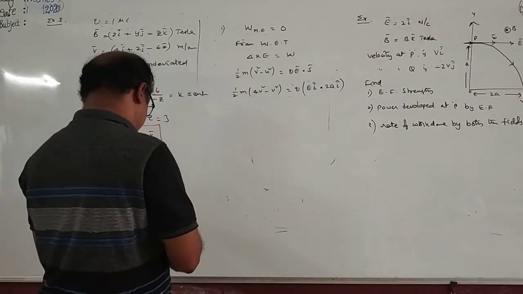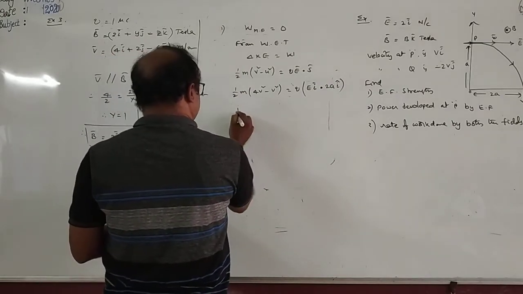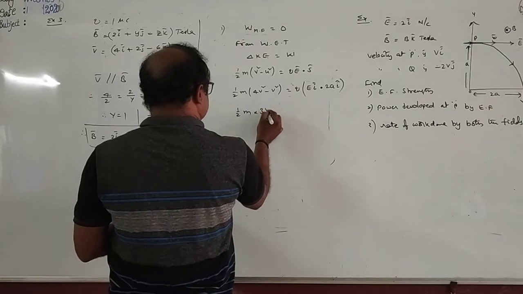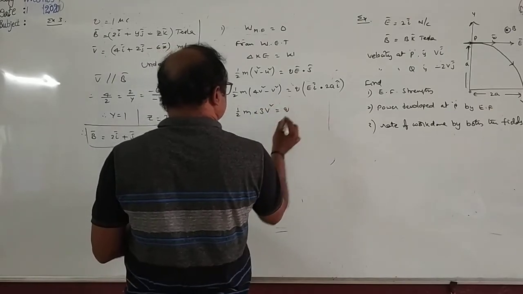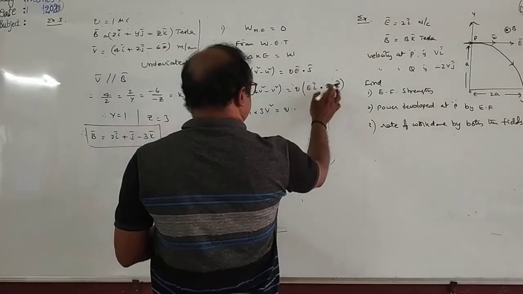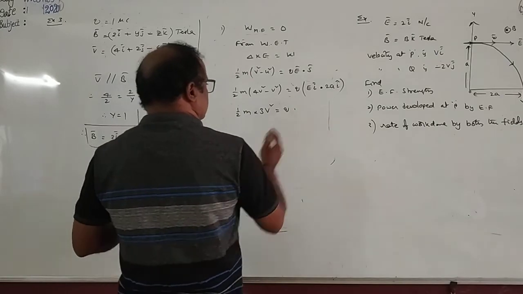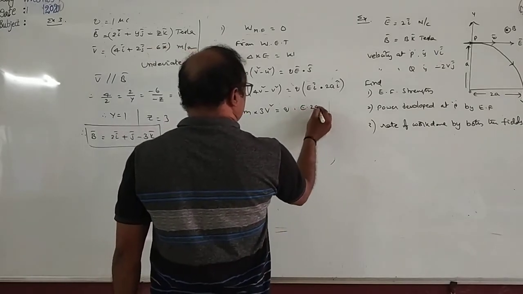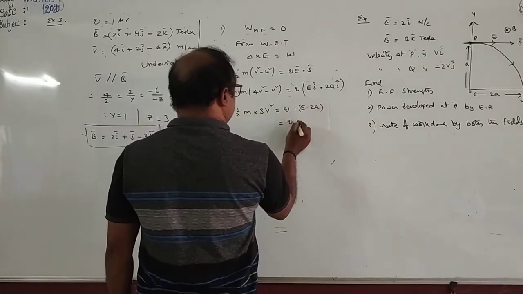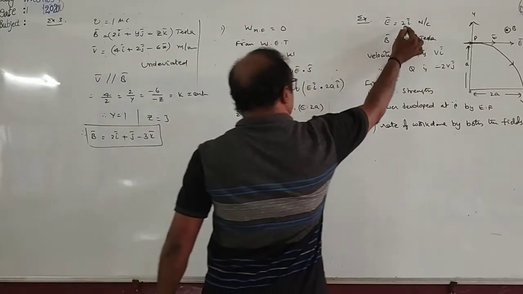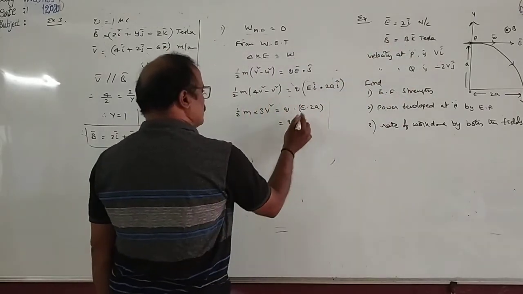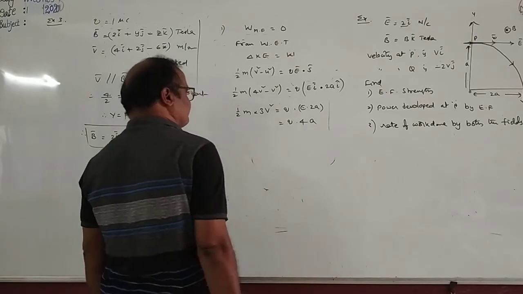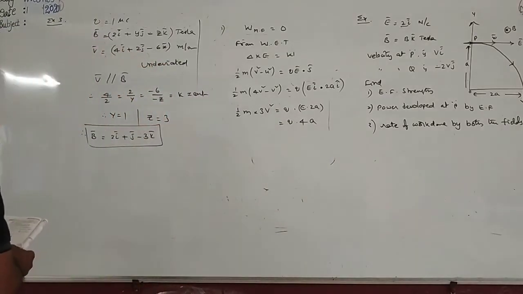So half m into 3v square is equal to q into E into 2a, with i bar dot i bar equal to 1.